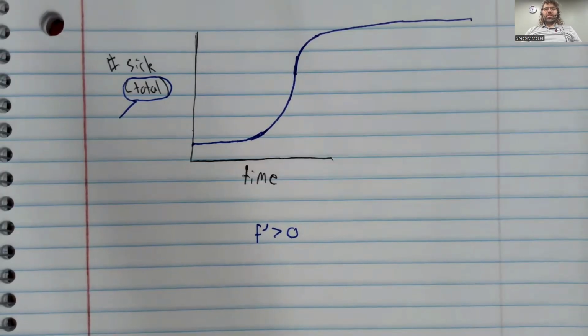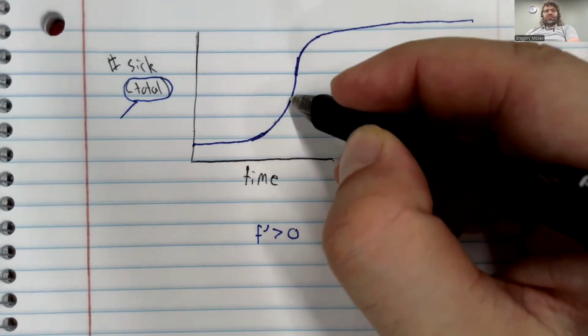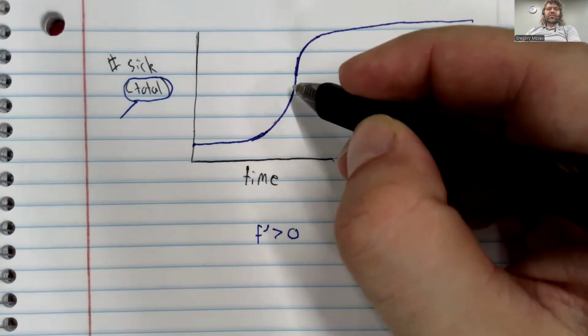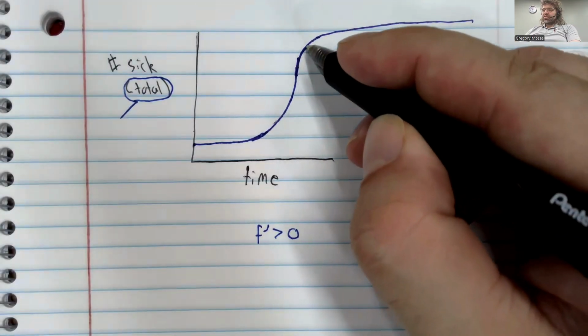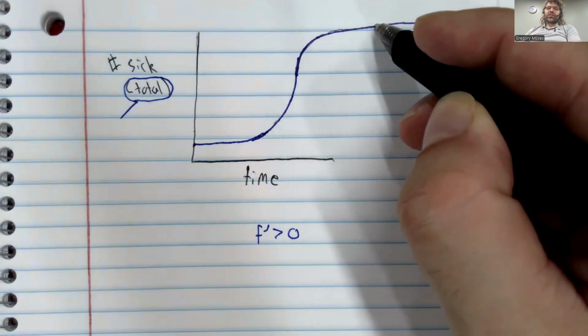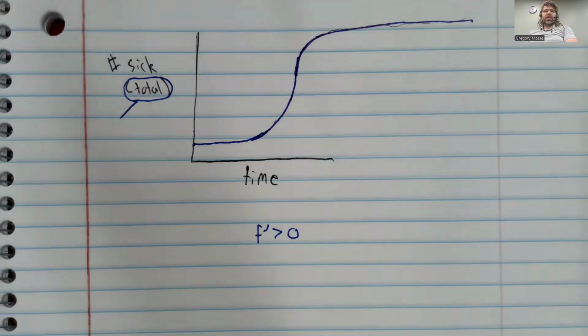But a change happened at some point over the course of this sickness, right? Initially, the number of people getting sick was accelerating and the disease was getting worse and worse. Then at some point, the disease started to taper off and the situation started to improve.